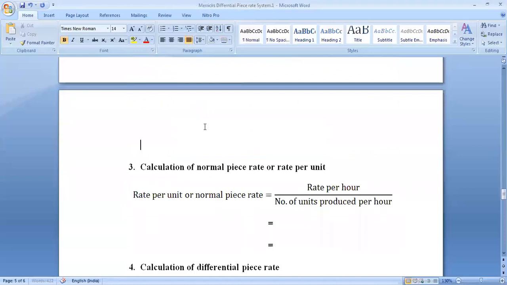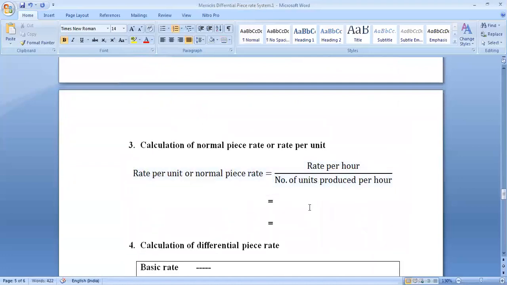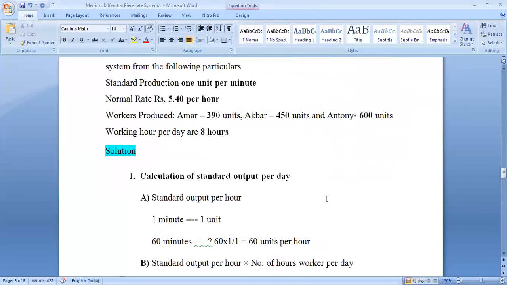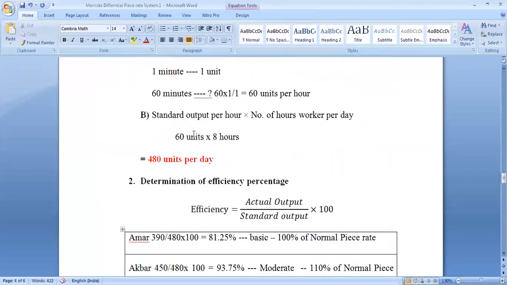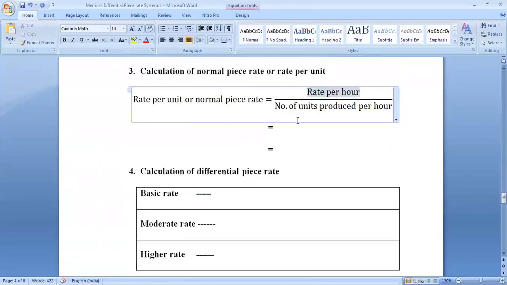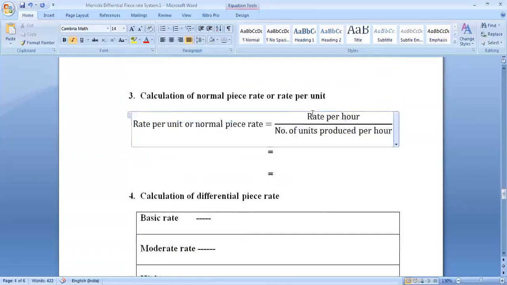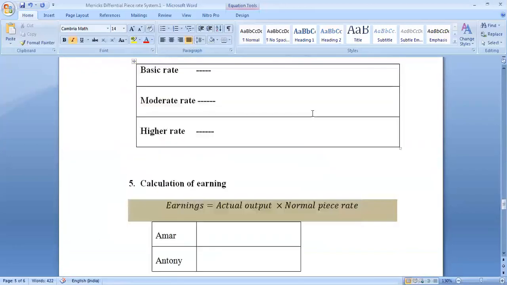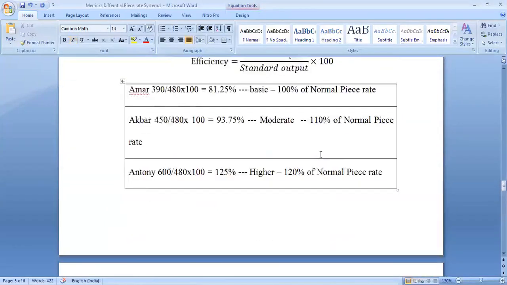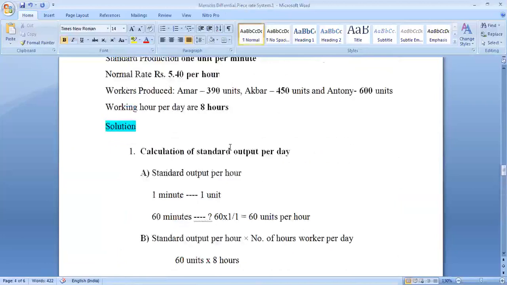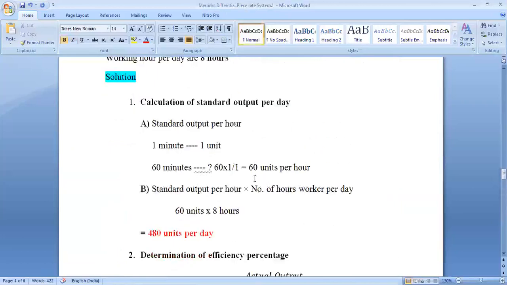Now we will calculate the third step, that is the normal piece rate or rate per unit. The rate per hour is given in the problem, that is rupees 5.4, divided by the number of units produced per hour.